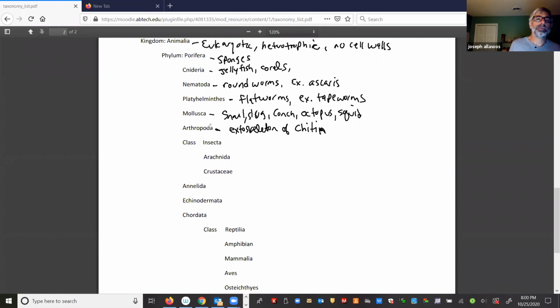What do we have? Now we're taking this phylum Arthropoda and we're going into the next level, which is the class level. And you know these: insects, spiders. Horseshoe crabs are actually spiders, not crabs.